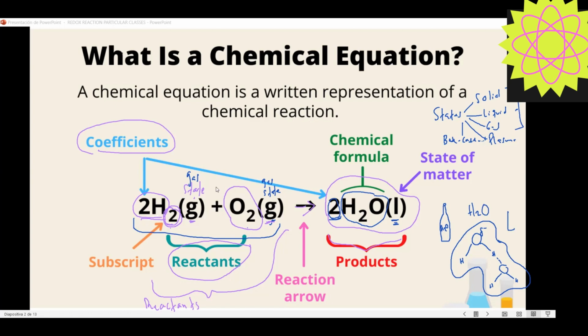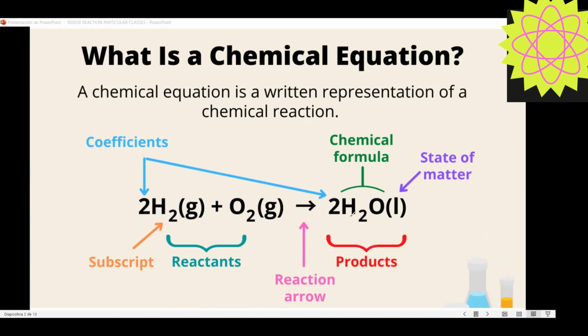And they were in gas state, but when you combine them, they will form 2 water molecules, and those molecules will be in liquid state. All right, and this is what in chemistry we call chemical formula. Okay, so when you find these expressions like this one, like for example, CO2, that is carbon dioxide, this is called chemical formula.